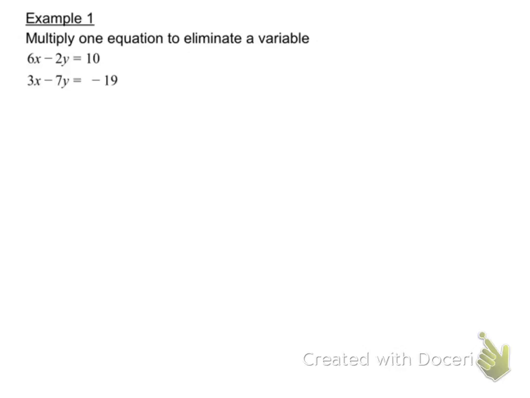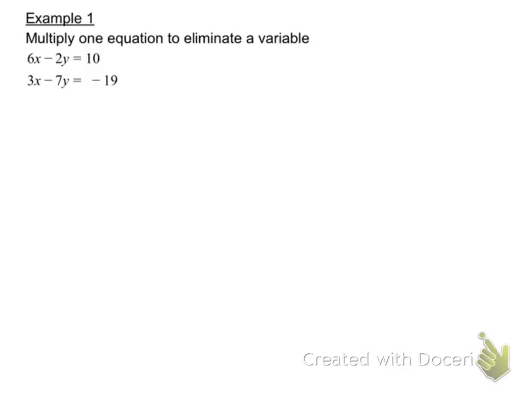Yeah, multiply it by 2. If I multiply 3x by 2, I get 6x. But remember, I don't want it to be the exact same; I want it to be the exact opposite. So in this case, I'm going to multiply that second equation not just by 2 but by a negative 2.